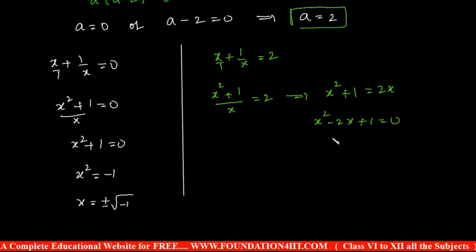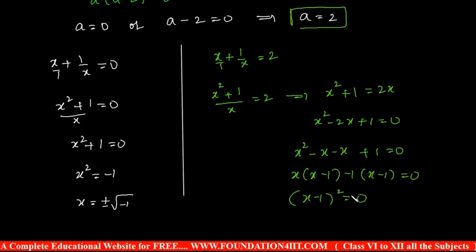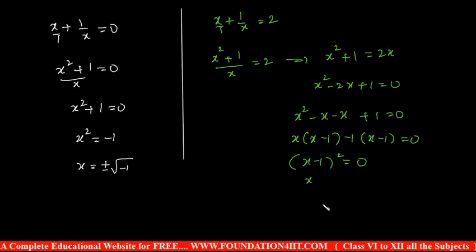Let us factorize this: splitting the middle term, x^2 - x - x + 1. Take x common, x(x - 1), and -1 common, -1(x - 1). So finally (x - 1)^2 = 0, because x - 1 and x - 1 are two factors. From this, x - 1 = 0, x = 1. So 1 is twice, so 1 comma 1.